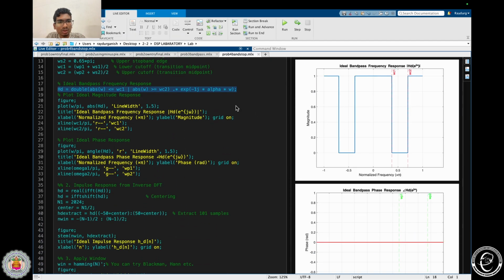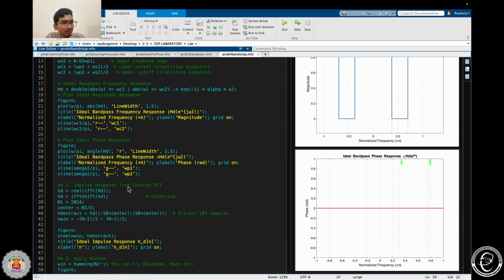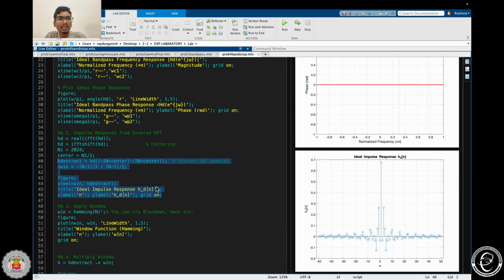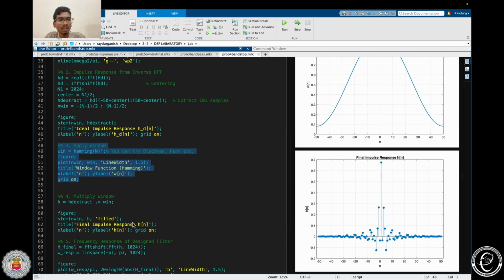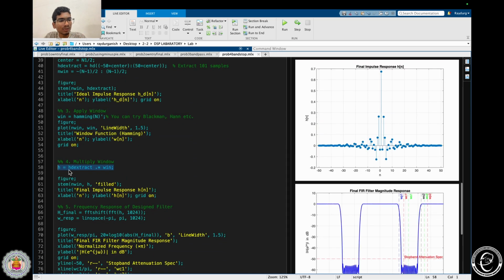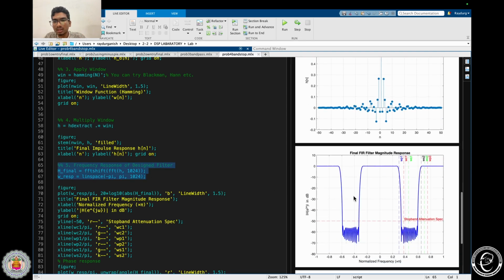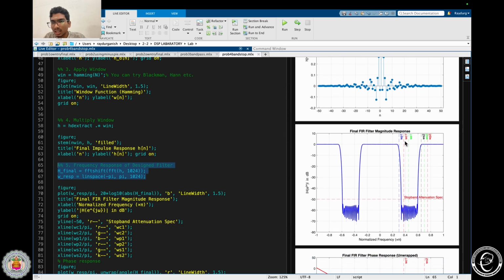This line corresponds to the ideal frequency response of the band stop, and then calculating the IIFT, then extracting the samples which are centered around alpha in order to multiply with the window, and this corresponds to the construction of the window, and then here multiplying with the window and then plotting the frequency response of the filter. Here you can see in between omega C1 and omega C2 it is attenuating, and below omega C1 it is passing.